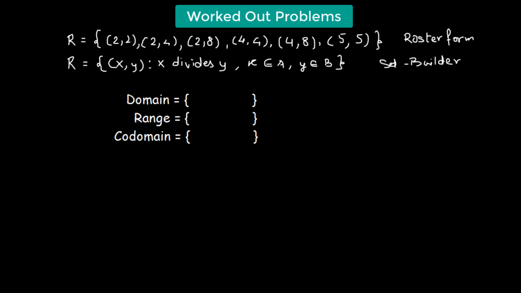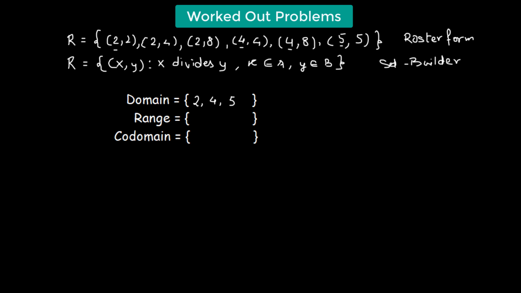So we see that the first element in the relation is 2. So 2 is repeating, so we'll only count it once. So 2. Then we have 4. 4 is repeating twice, so we'll only consider it once. And 5. So the domain of the relation will be 2, 4, and 5.